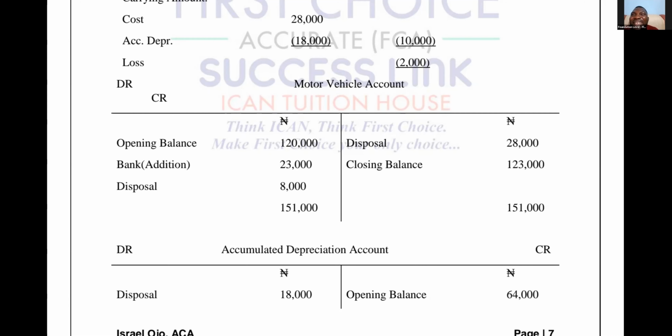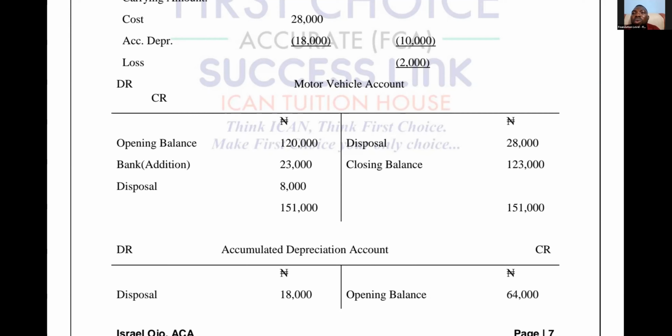Then we come to the asset account and debit it with the worth placed on the old car, which is 8,000. The reason we are debiting it is because value actually comes from the old car back to the company. It means the 28,000 was not a lump sum that left the company, but 8,000 of that asset was enjoyed back by the company. So you have to recognize it.